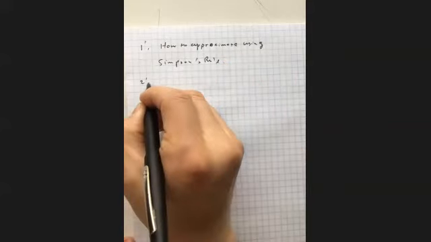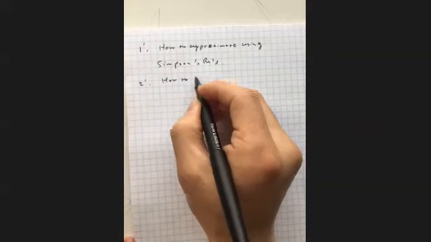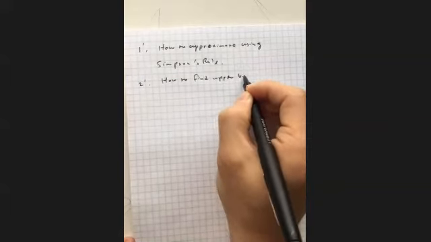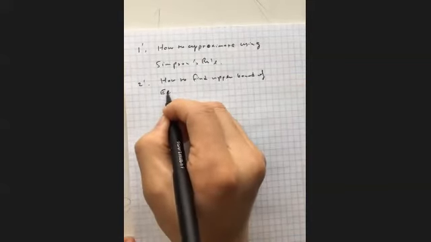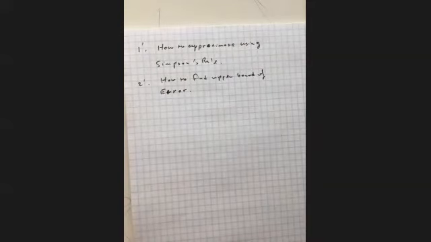And part 2 is how to estimate the error, how to find the upper bound of the error.